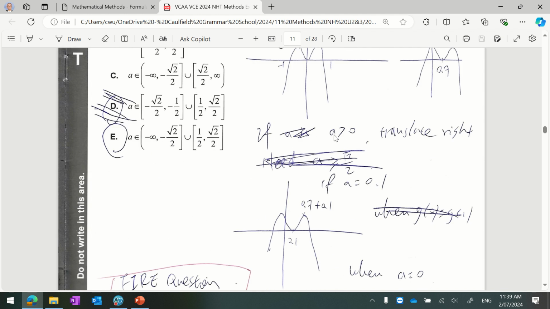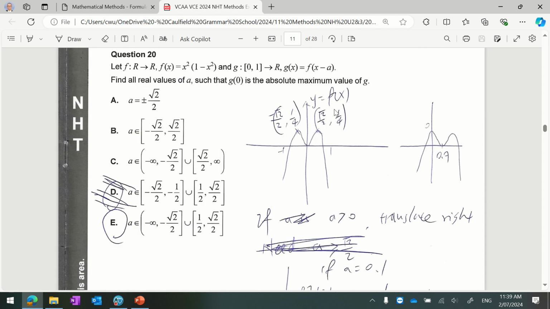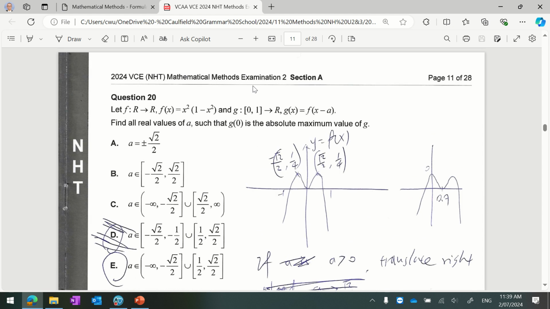Sorry, I forgot. When I was exploring the question, I actually sketched the graph of f first. This is y equals f, and here are the turning points. 0 is also a turning point, and those are the coordinates.